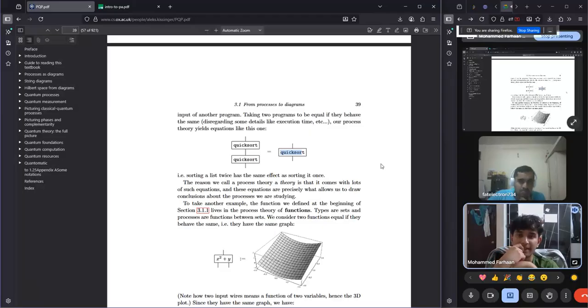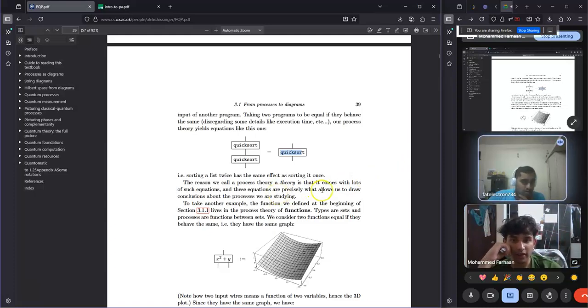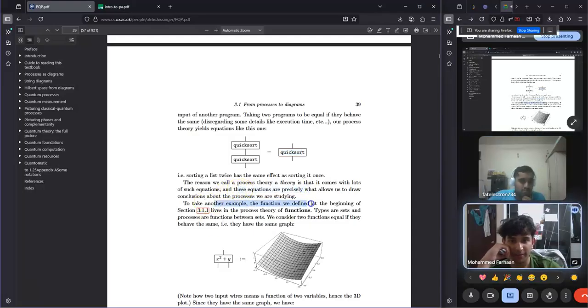So in some sense, you could say a theory is just the union of all these equivalence classes, and these equivalence classes are going to partition this entire theory into smaller subsets where everything is the same equation. And it comes with all these equations. To take another example, the function we defined at the beginning lives in the process theory of functions.